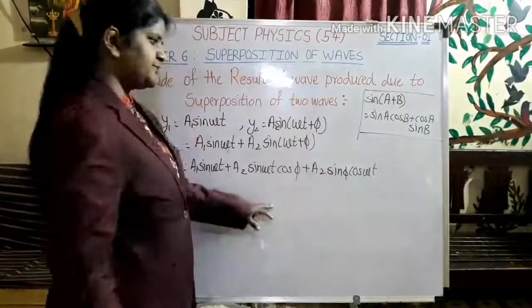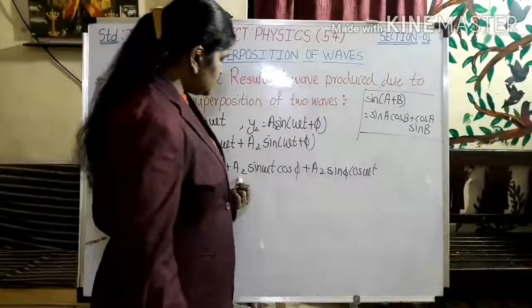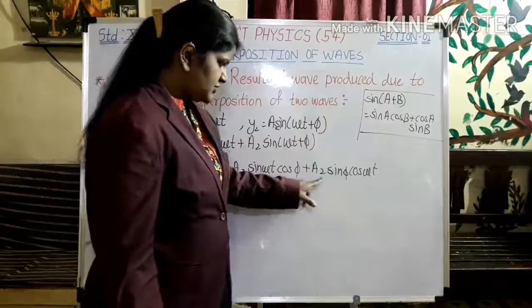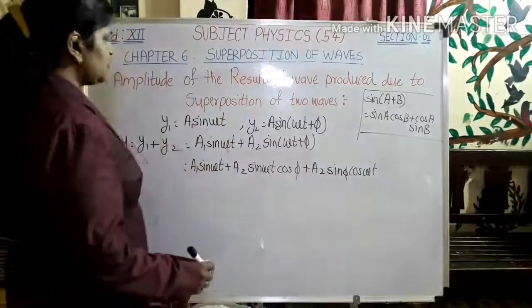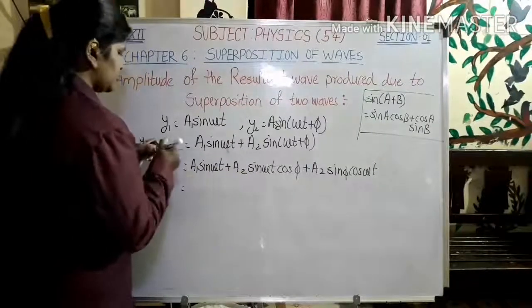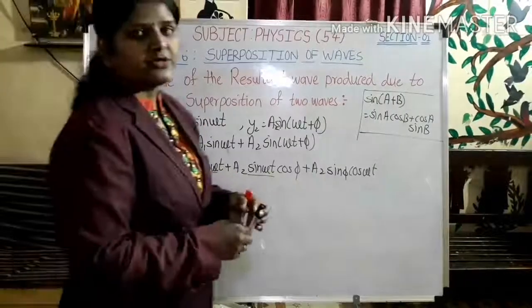Is it right? Yes. What I have written is a1 sin omega t plus a2 sin omega t cos phi plus a2 sin phi cos omega t. Now if you see the first two terms, sin omega t is common to both of them.